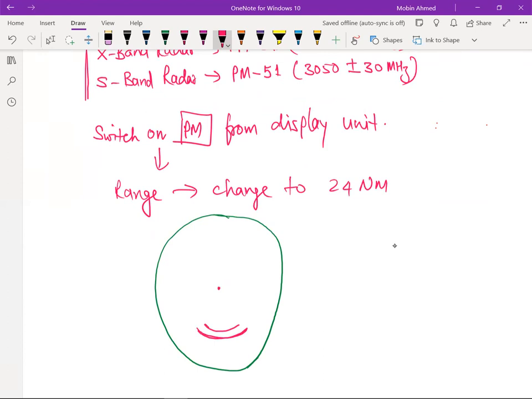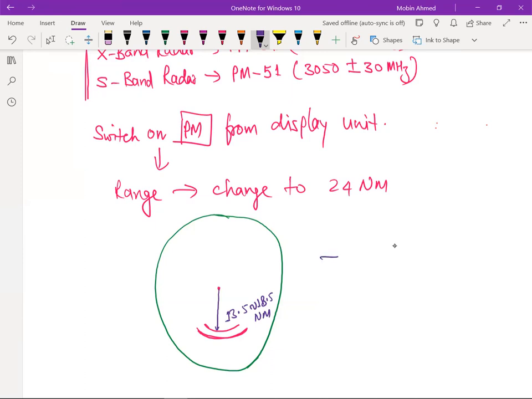The range of this arc, from here to here, is supposed to appear between 13.5 to 18.5 nautical mile. So between these, it's supposed to appear, 13.5 to 18.5.